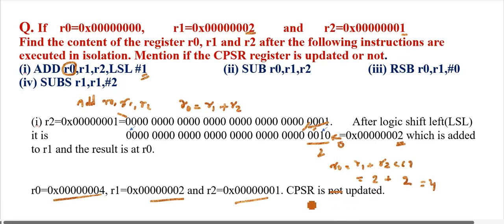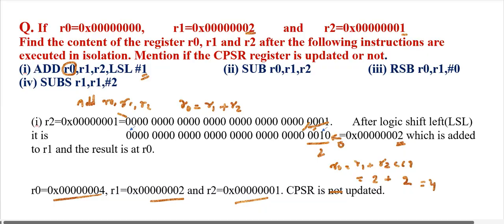That's why we can assume that, and we can write updated, or better, write here that CPSR is going to get updated once again according to the result. But here your answer is not 0, and you can write updated or not updated. Usually for arithmetic instructions, you should update.